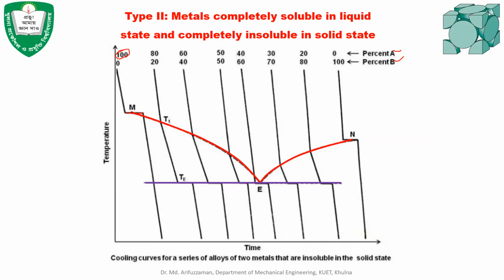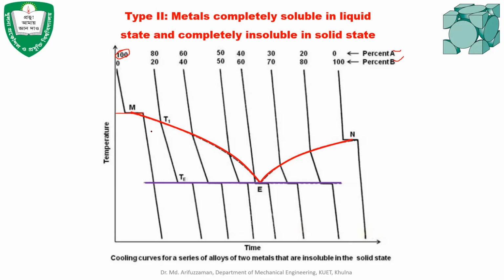For a pure metal, we know the freezing point temperature is constant, and that gives us a cooling curve with a horizontal line. This horizontal line indicates the temperature at which solidification will be completed, and then it goes down to room temperature.